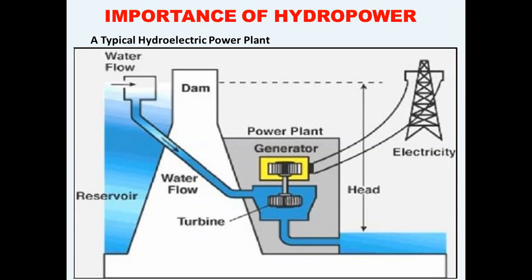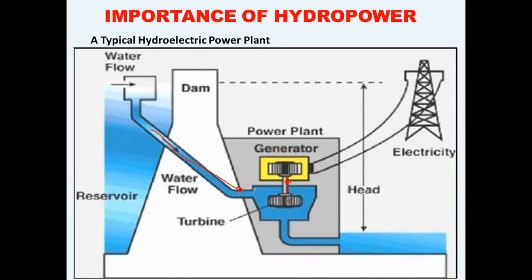Now, this power plant consists of a simple turbine attached to a shaft, and to that same shaft a generator is attached. Now what happens is, when the penstock is opened, water falls from a great height from the upstream side, and this water falling from a great height contains a large amount of kinetic energy.